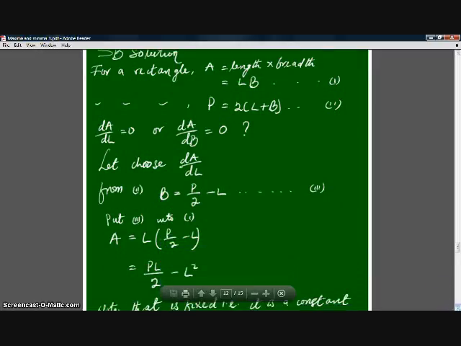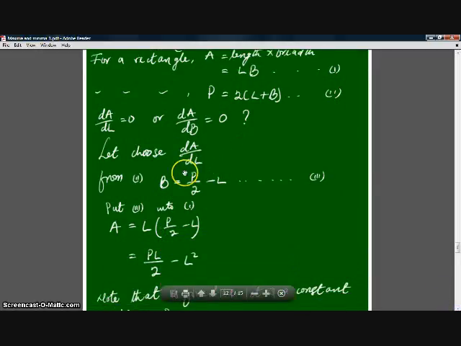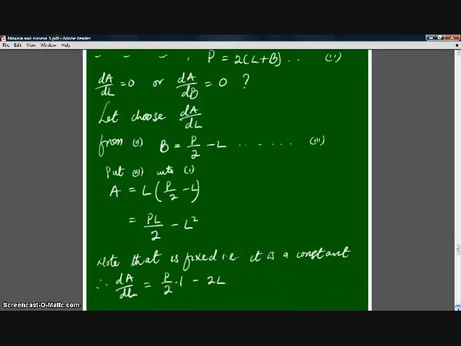If I substitute this B into 1, I should be able to eliminate B. So my A becomes L into P over 2 minus L. If I open the bracket, I'm going to have PL over 2 minus L squared.